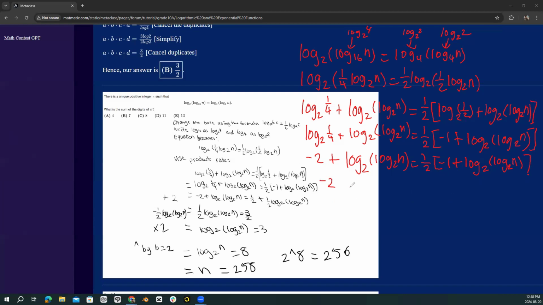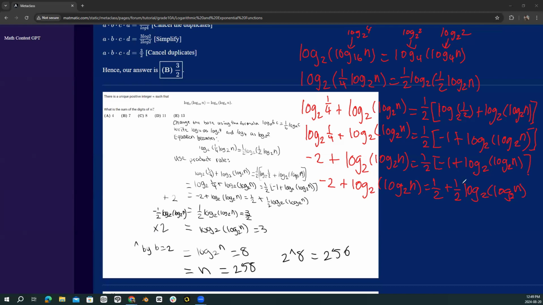So our equation would actually be negative 2 plus log 2 log 2n equals 1 over 2 plus 1 over 2 log 2 log 2n, because you're essentially multiplying everything by 1/2.